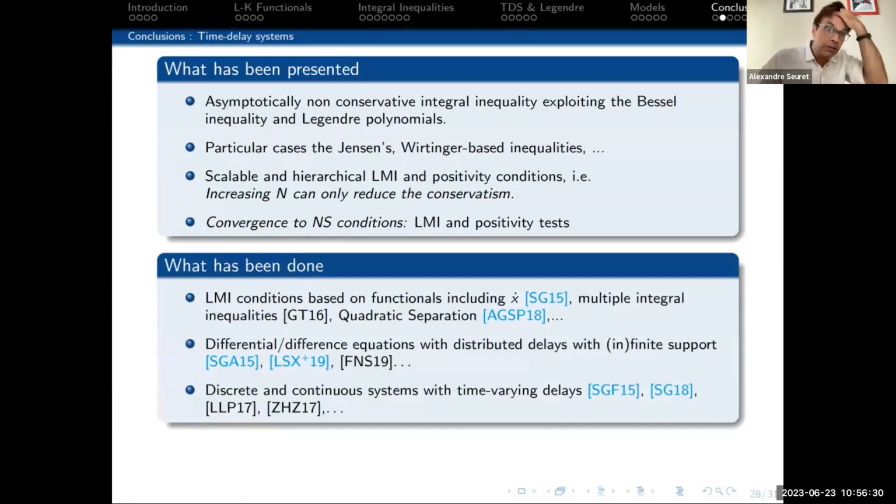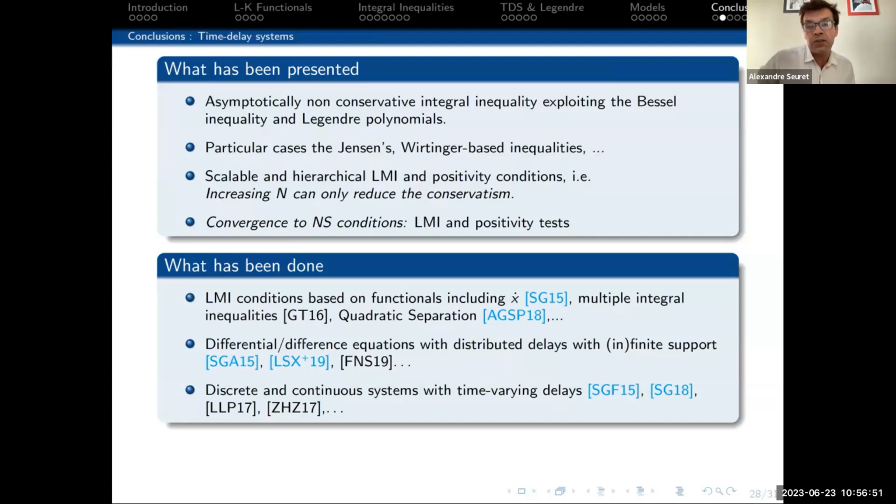What has been done also were many extensions related to some other class of Lyapunov-Krasovskii functionals that involve the x dot terms, multiple integral inequalities, which was done by Eva Gierkowitz.